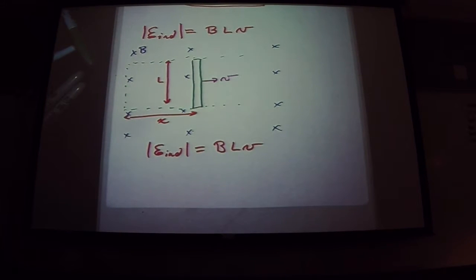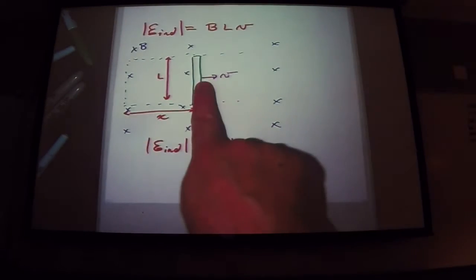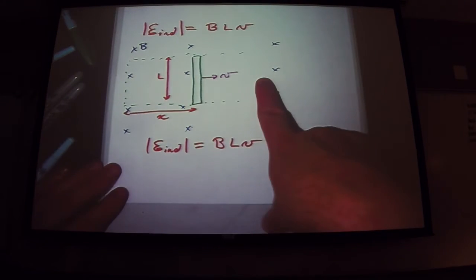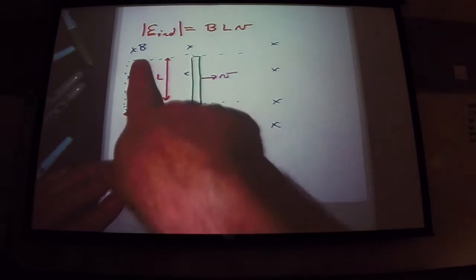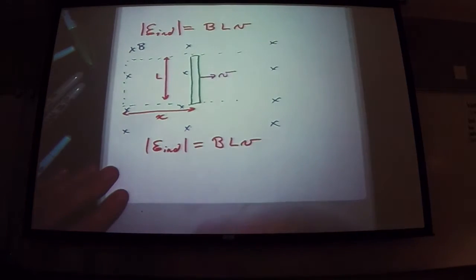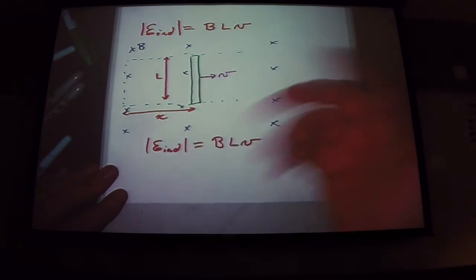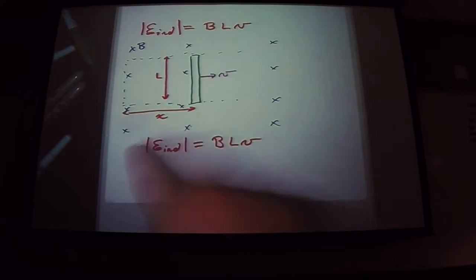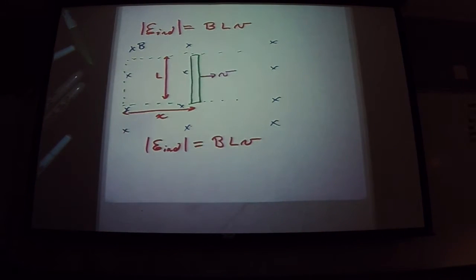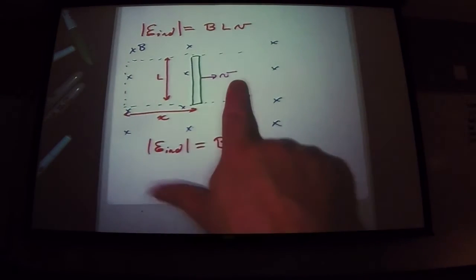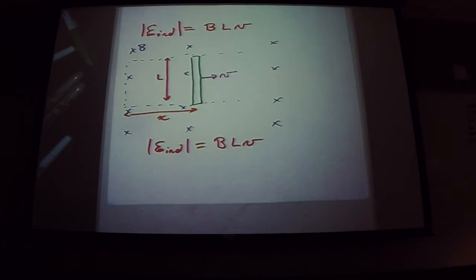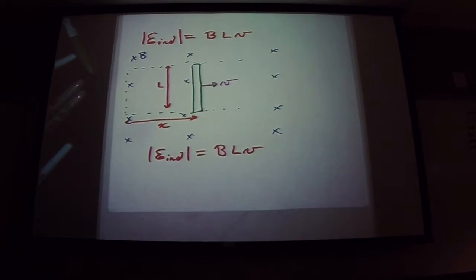The sense of that voltage, if I were to move this over to the right, in this loop that I've drawn here, let's see what direction the current would flow if there were rods and things to make the current flow. Okay? So I move this over to the right. My flux is increasing.